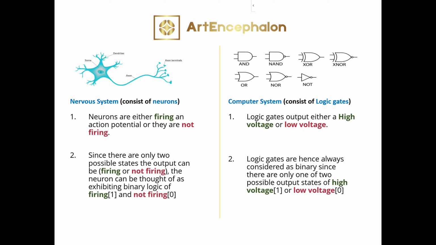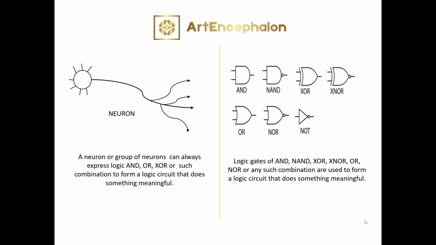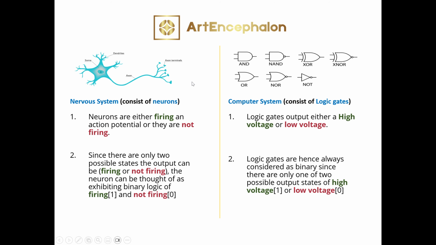So, since there are only two possible states the output can be, the neuron can be thought of as exhibiting binary logic of firing 1 and not firing 0, just as we have in logic gates high voltage 1 or low voltage 0.